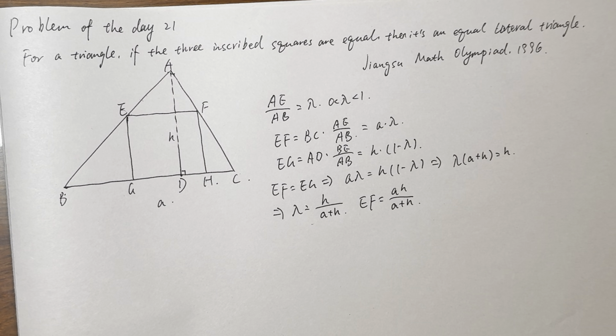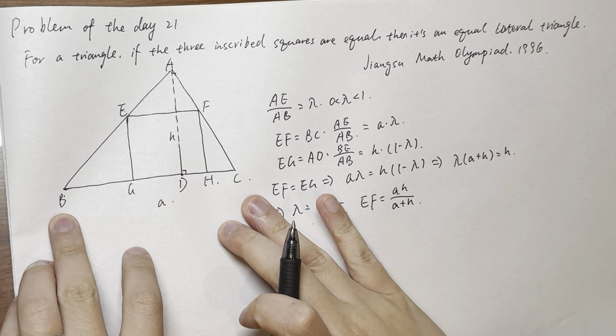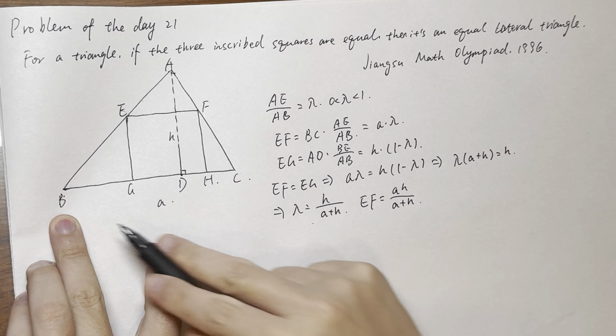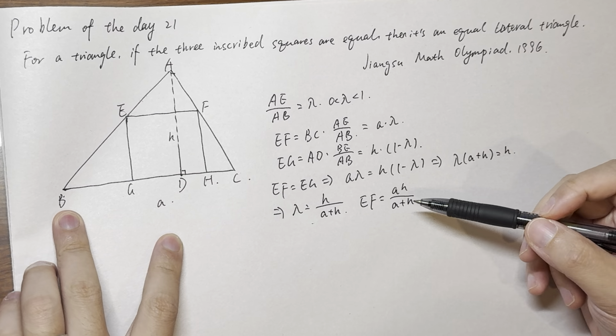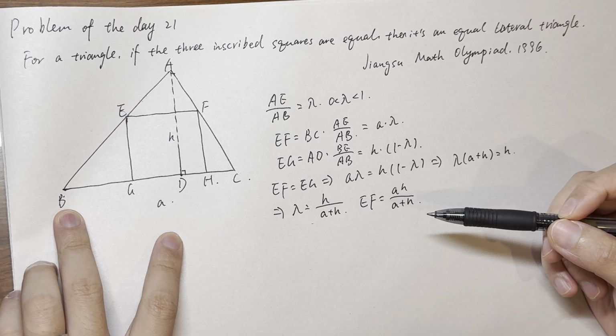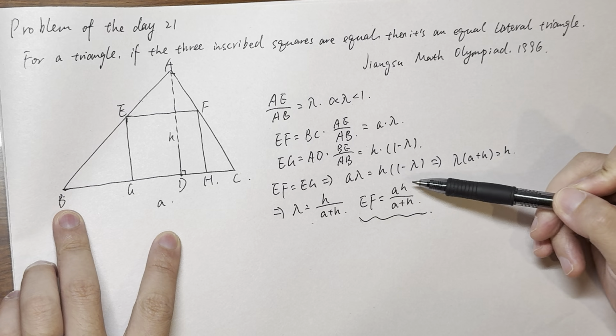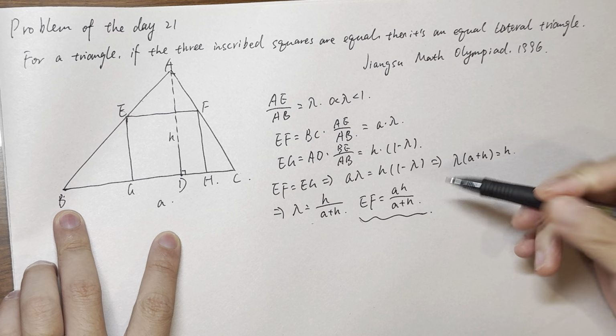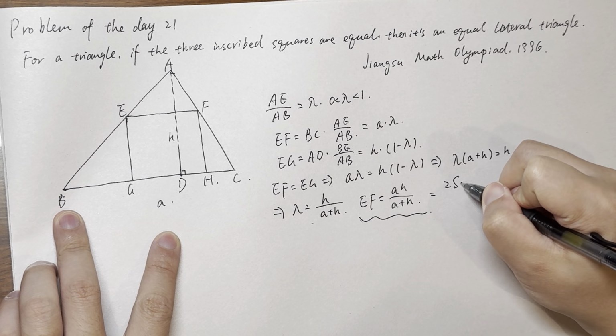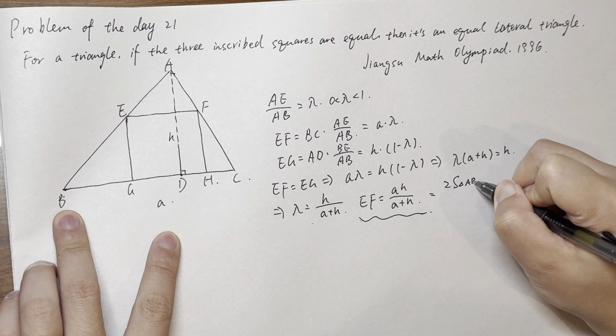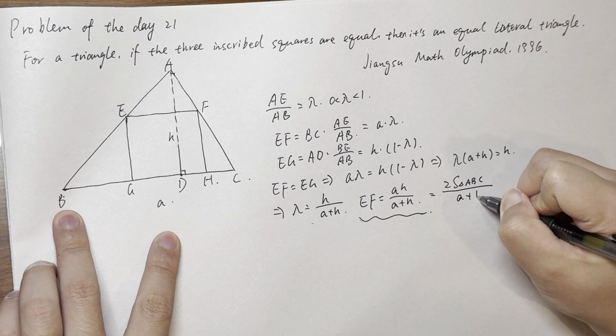Now we understand that if we just pick a side and want to know the length of the inscribed square, we find it: it's ah over a plus h, which is twice the area of triangle ABC over a plus h.